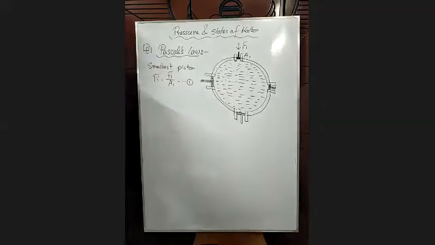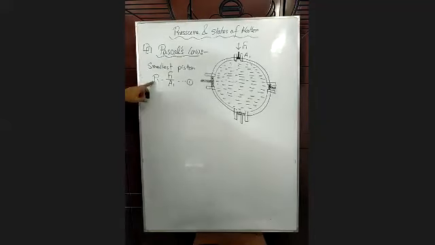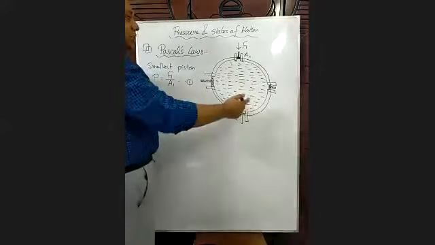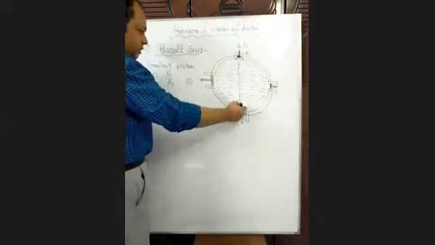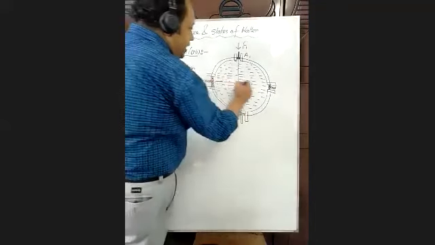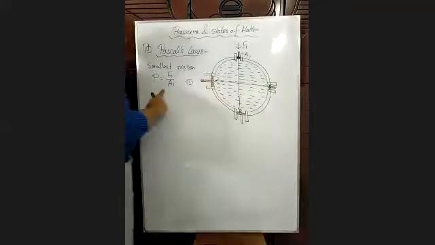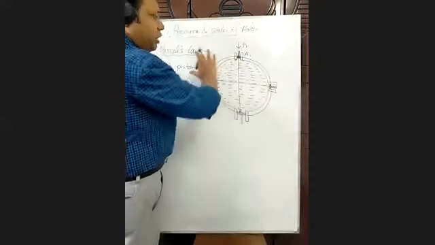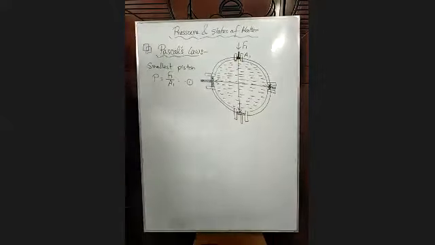But this pressure, I can say it's P, not P1, because this pressure will go equally distributed to all of the sections. If I get 1 Pascal from it, then 1 Pascal of pressure will go to all the sections equally.